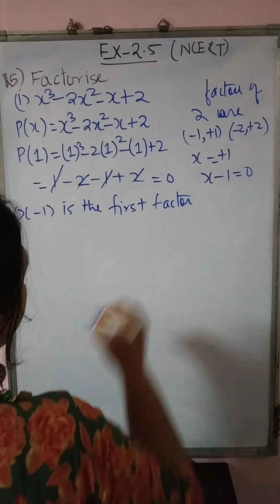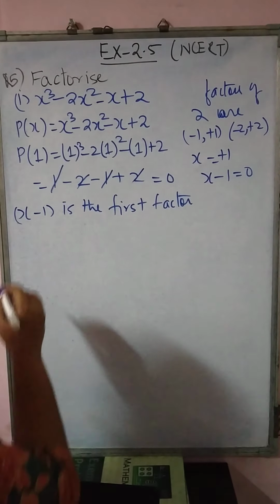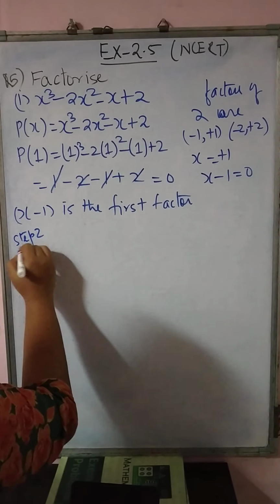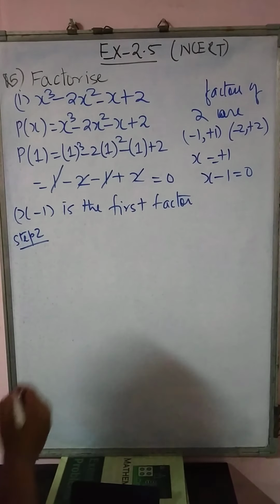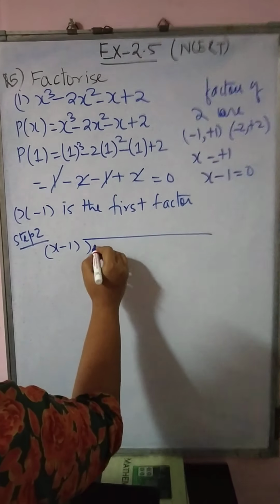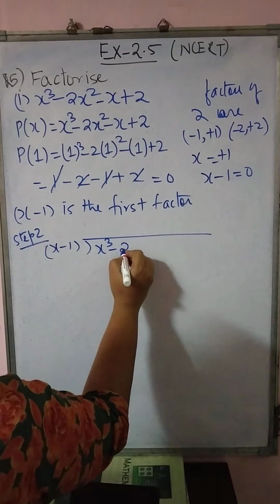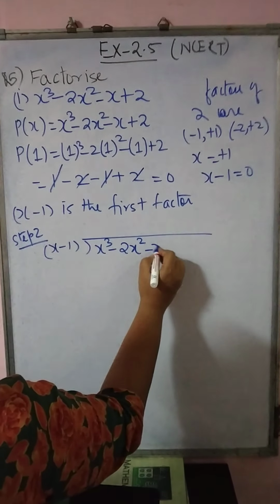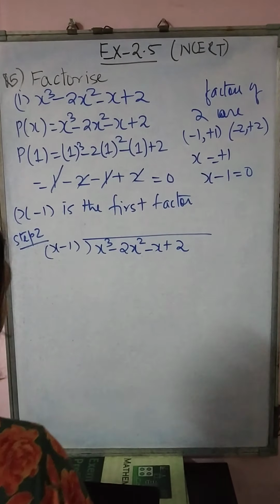Now to find the second factor, step 2. To find the second factor, we are going to perform the long division method. So x minus 1, and what is the polynomial? x cube minus 2x square minus x plus 2.